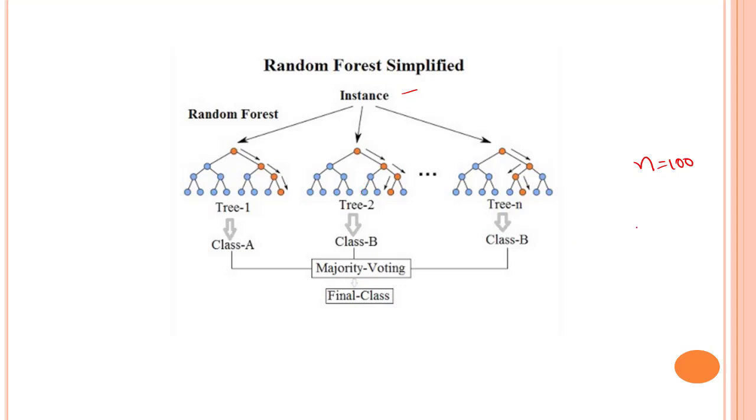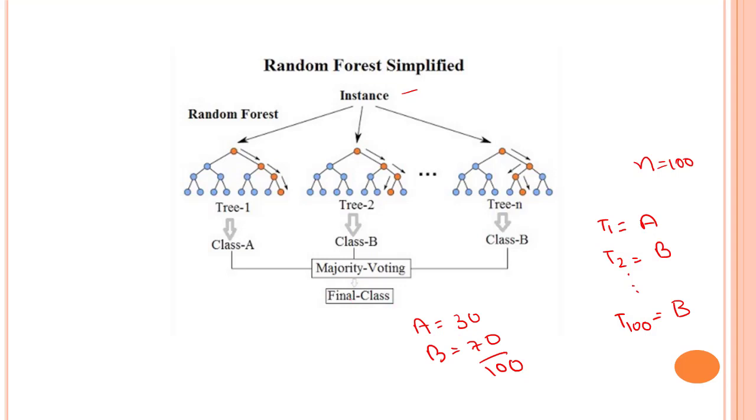Let's say from tree 1, t1, we are getting class A, from t2 we are getting class B, similarly till t100, the 100th tree, we are getting, let's say, B as well. After doing everything, we found that out of 100 trees, there are 30 votes for A and 70 for B, which gives me 100 in total, right?